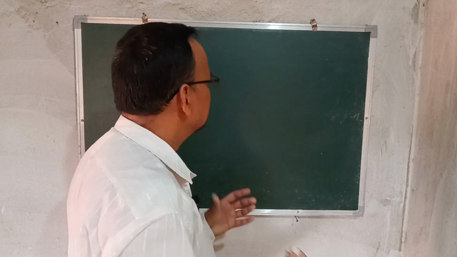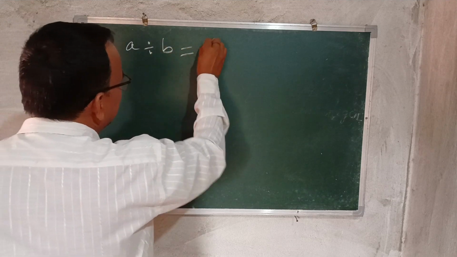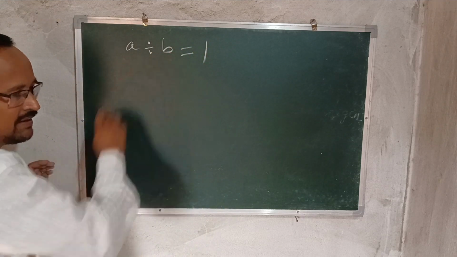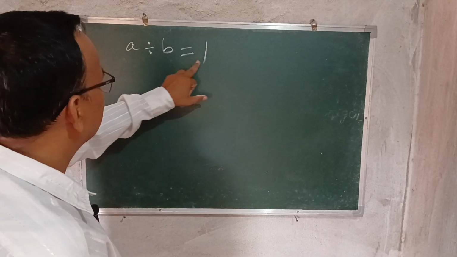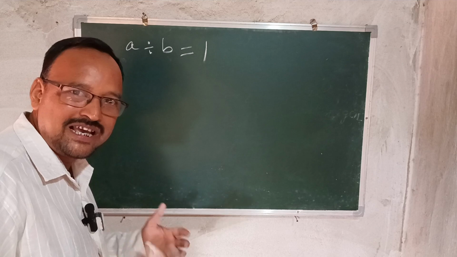Another thing: if A divided by B is equal to 1, what is the relation between A and B? Can you guess?